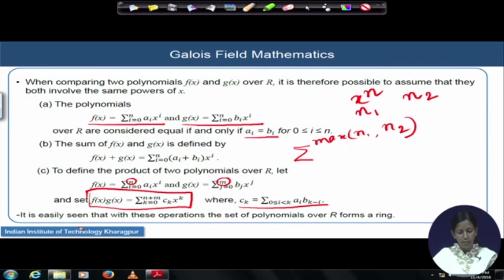It is easily seen that with this operation, the set of polynomials over R also forms a ring.